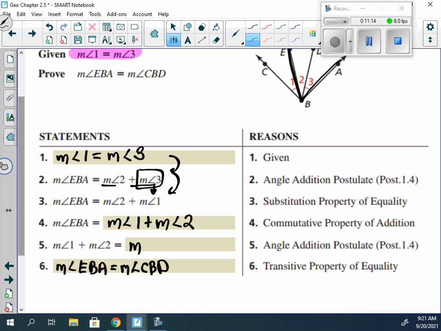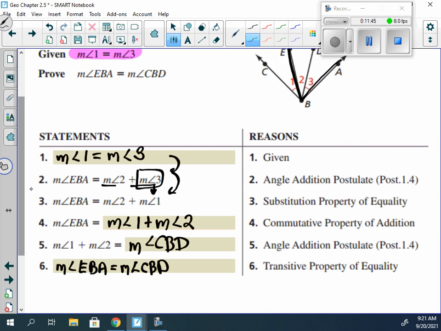So this would be equal to the measure of angle CBD. So now we can say that they are equal by the transitive property of equality, because EBA equals the two angles added together. The two angles added together equals CBD. We do have something in common in both, so it means the two angles have to be equal. And that is it.